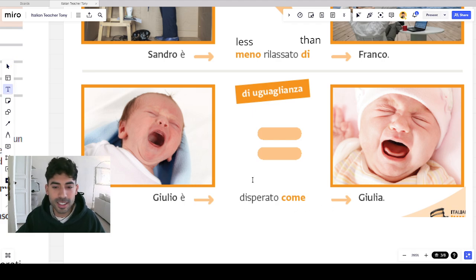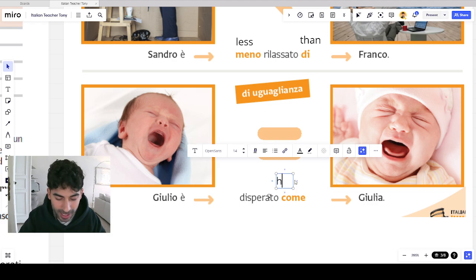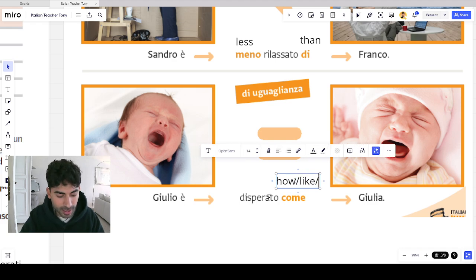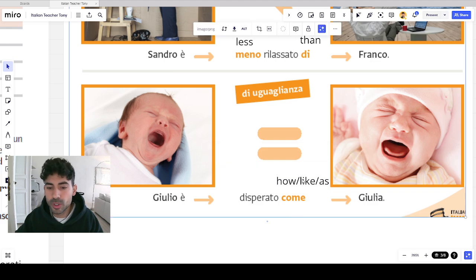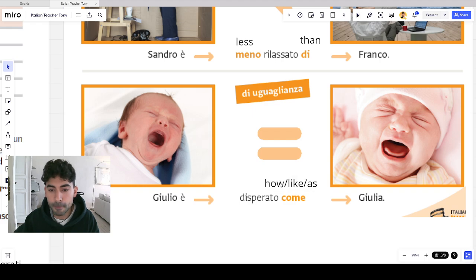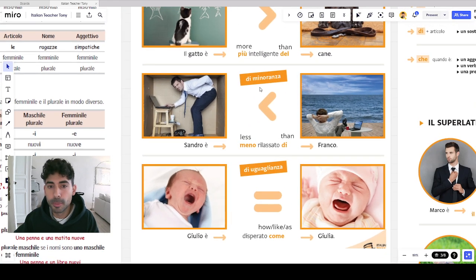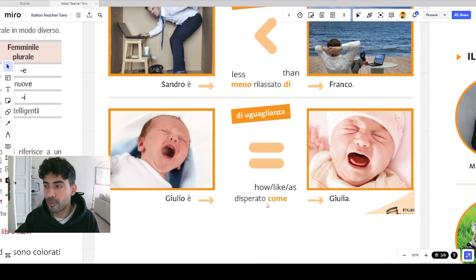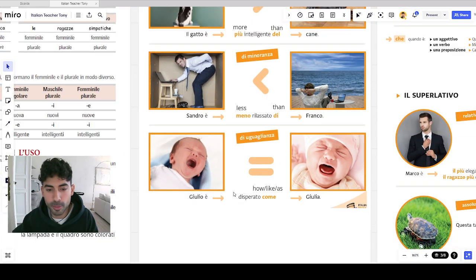So this come, which in Italian can mean how or like or as, is what we use in Italian to form the comparison. One more time, più for more, meno for less, come for as or like comparisons.